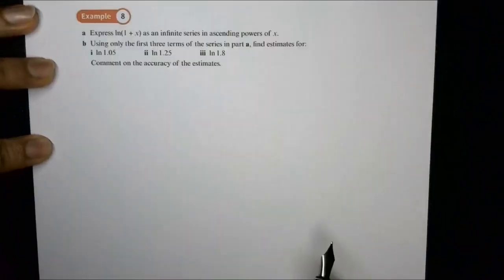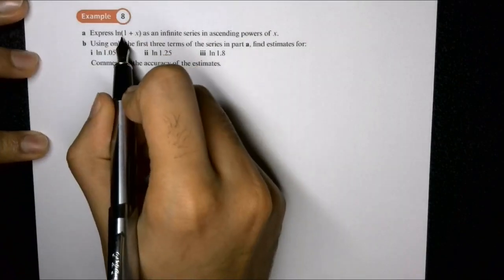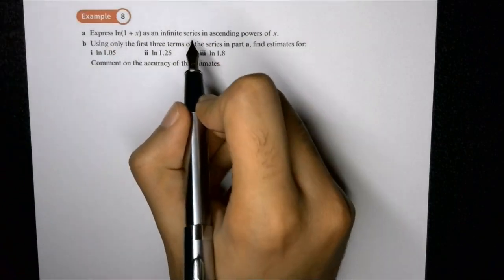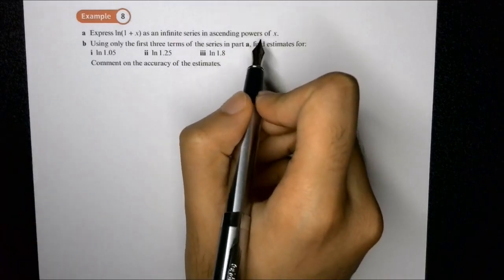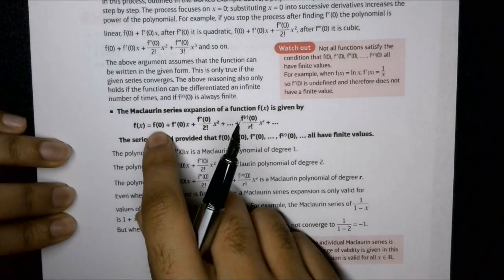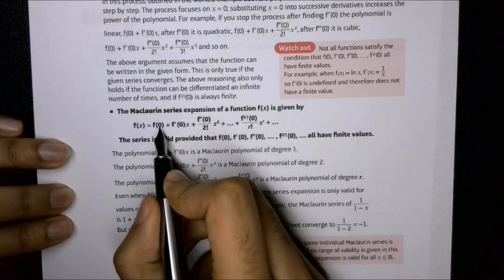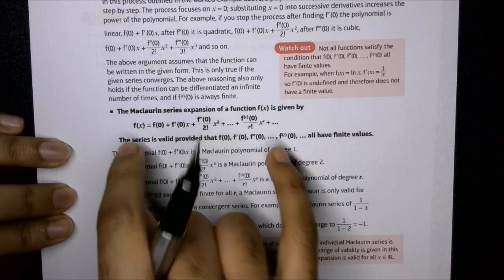Example number 8. For part A, we have to express the natural log of 1 plus x as an infinite series in ascending powers of x. Now, of course, to do this question, we need to use the Maclaurin series. And just as a reminder, here we have the Maclaurin series. We need to work out the derivatives of f of x and then substitute in x equals 0.